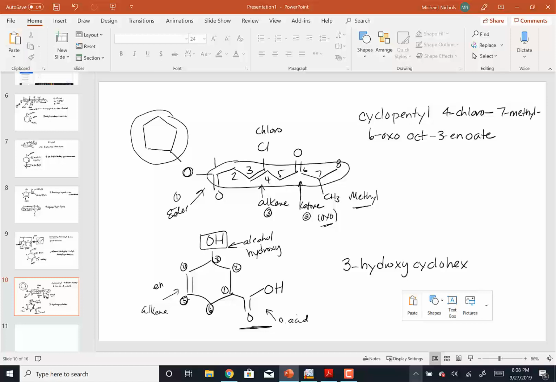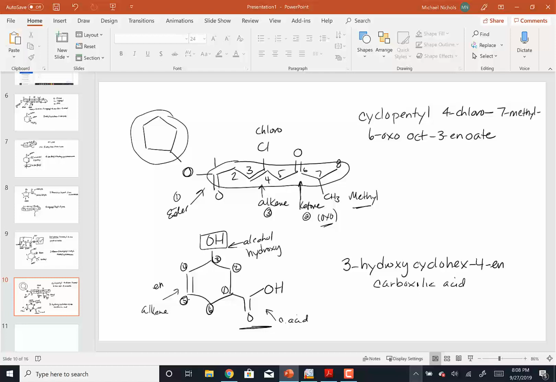I have an alkene, so I've got to put the number in. In this case, the double bond starts at 4. So a cyclohex 4-ene. And now the carboxylic acid is the suffix for the final. So carboxylic acid. So we've got a 3-hydroxy cyclohex 4-ene carboxylic acid.